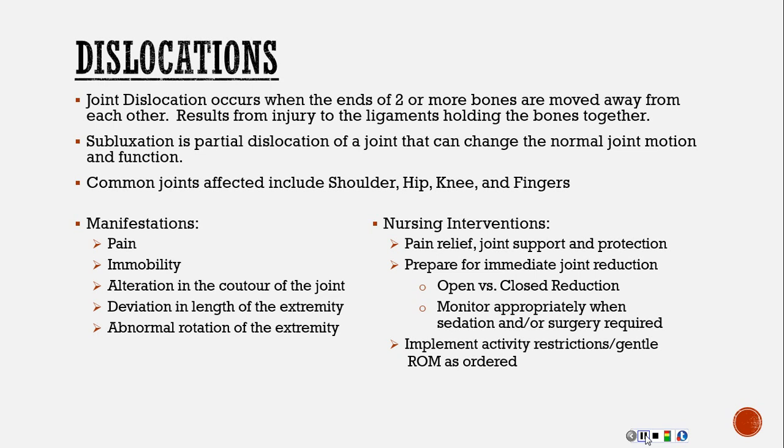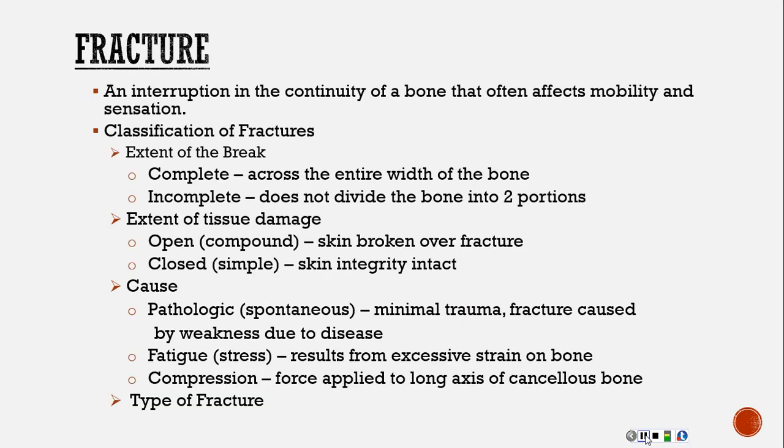We had ortho techs that would set it up. We had certain things that we could do with the traction. We had certain things we could do with the cast care. Maybe outside of the nursing scope, but we had orders and protocols that were in place that gave us that permission or gave us that order. All right, so that's our dislocations. Now we'll move into fractures.